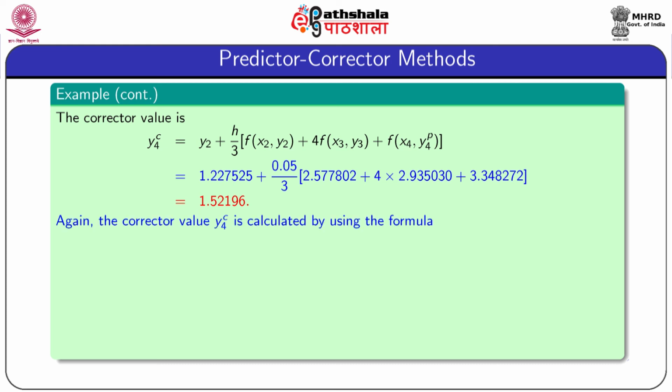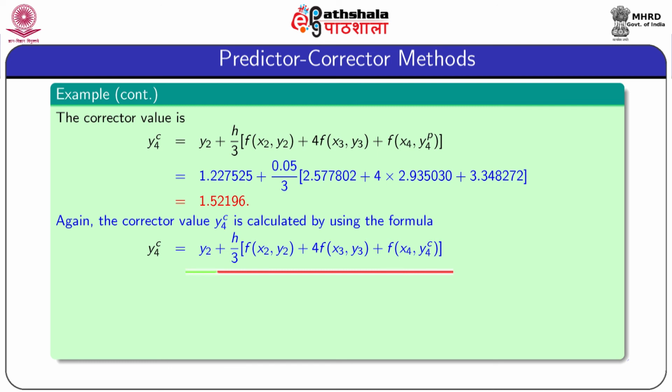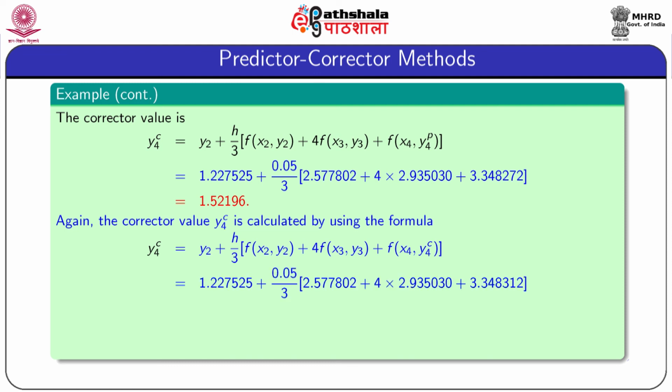Again the corrector value of y4c is calculated by using the following formula: y4c = y3 + (h/3) times [f(x2,y2) + 4 f(x3,y3) + f(x4,y4)], and these are the values of the function f at x2,y2, x3,y3, x4,y4.